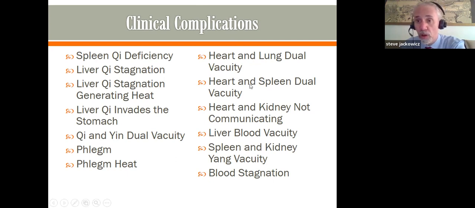And this is where people often go awry. They make a mistake because they see the spleen qi deficiency, or they see the heart and lung dual vacuity, and they try to just treat that as the primary thing outside the context of the person having Xiaoke.